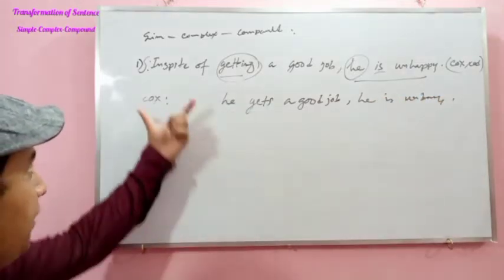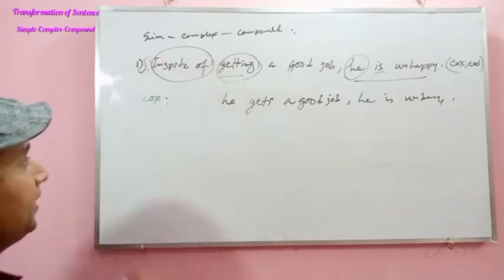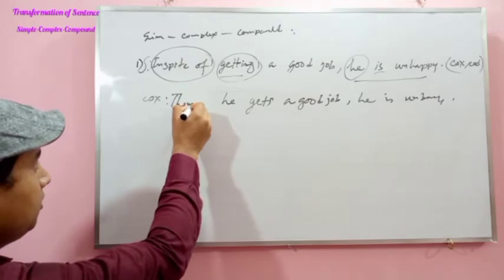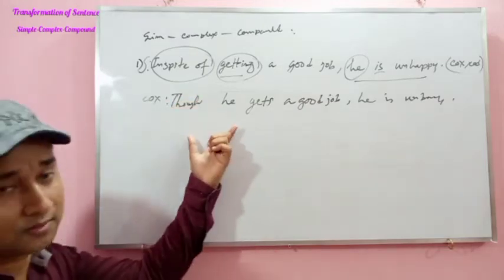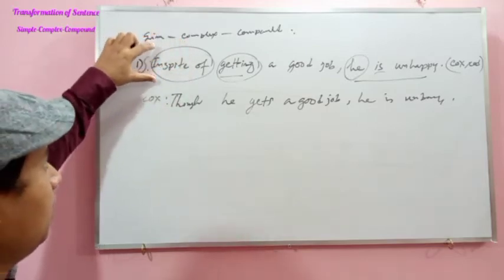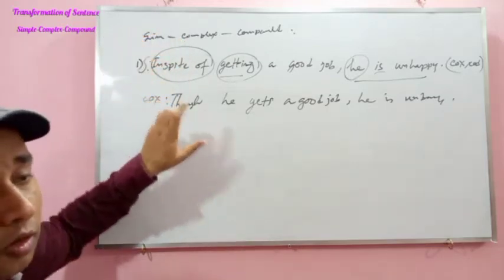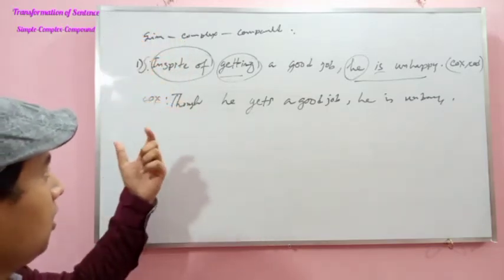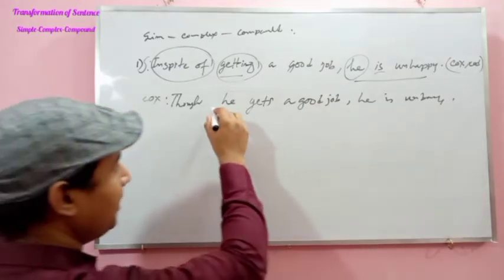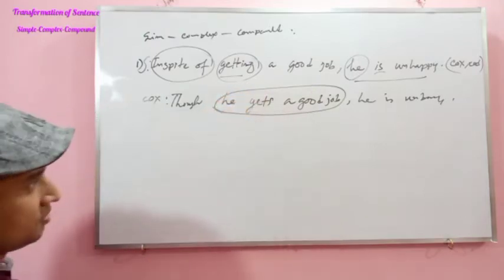The technique is, when you find in spite of or despite in a simple sentence, you will give though or although in a complex sentence, and but in a compound sentence. At first you will make a clause like this.